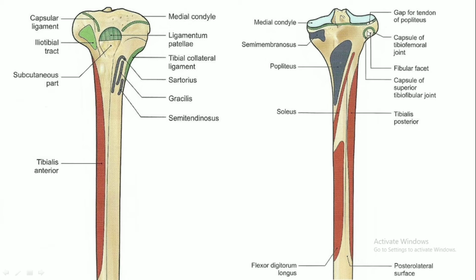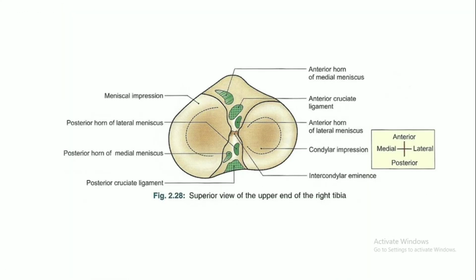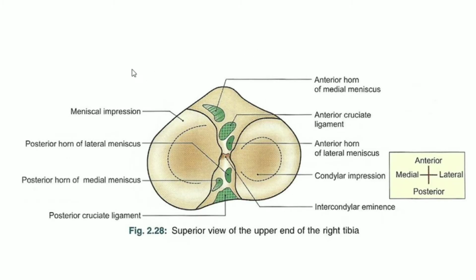Now we will see the intercondylar area from above. This is the anterior aspect and this is the posterior aspect. So what are the attachments from the anterior to posterior?